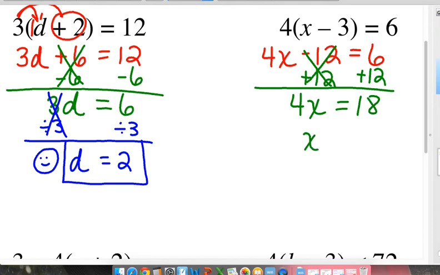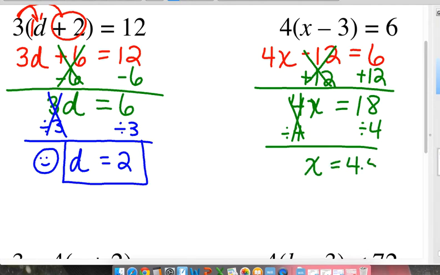Oops, I better put my next step. So the next step is that the x doesn't want to have that 4 attached. So instead of multiply by 4, you're going to divide by 4. Bring down your x, and 18 divided by 4 is 4.5.